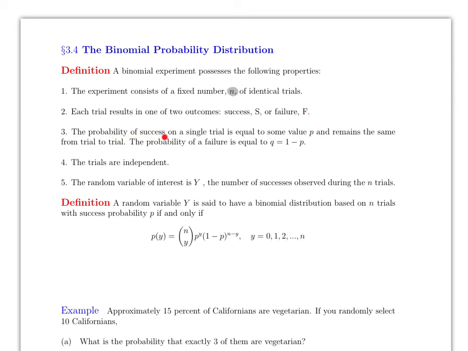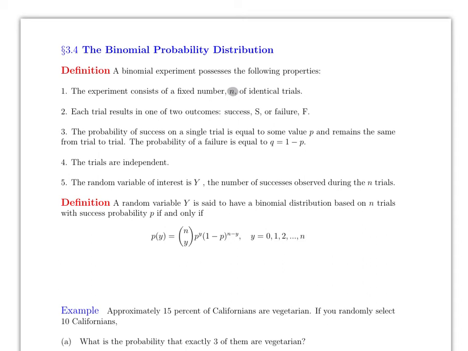The probability of success for a single trial is going to be called p, so the failure is going to be 1 minus p, which is usually denoted by q, and each trial is independent. The random variable of interest is going to be y, the number of successes in n trials. So technically, if you try something 10 times, how many times are you going to be successful out of 10 times?